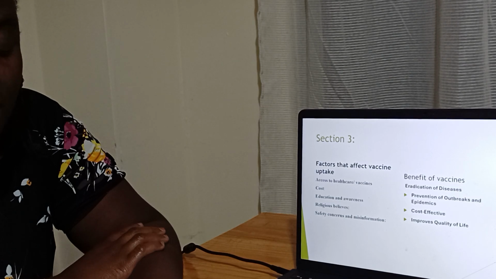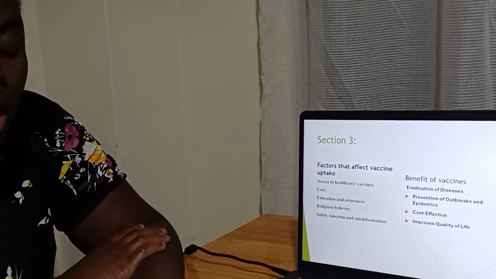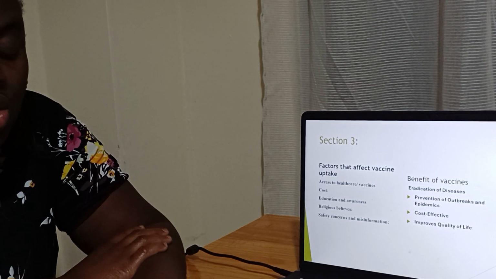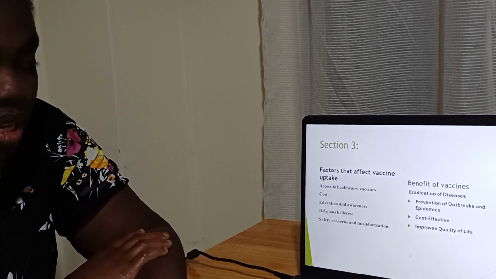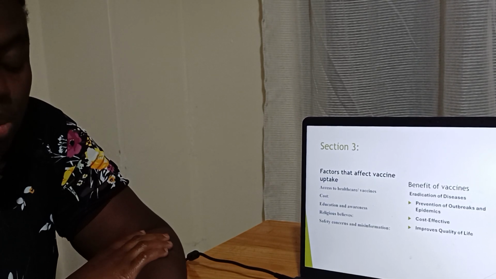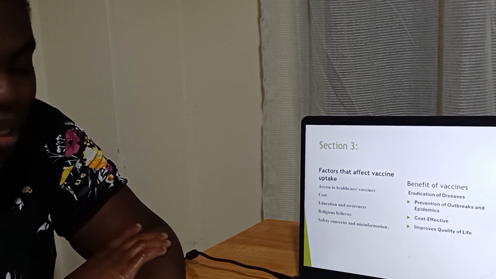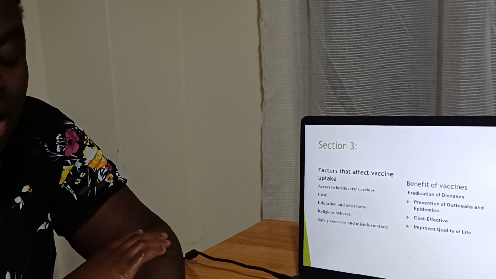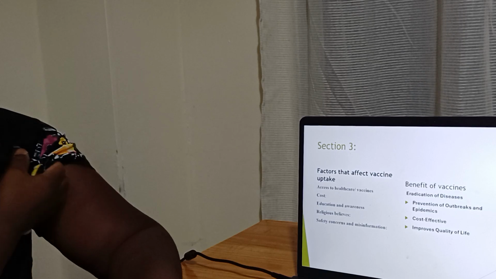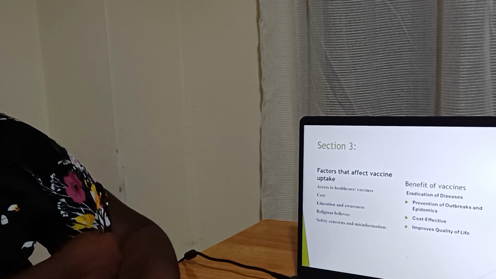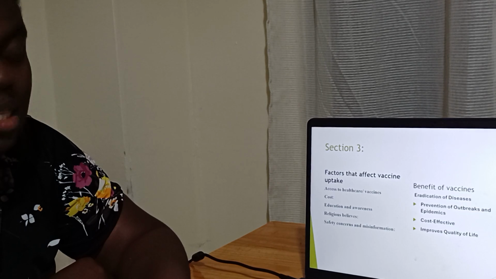So lack of knowledge about the importance of vaccines can lead to low uptake. Education and awareness campaigns can help to increase vaccine uptake. And then we have religious beliefs. Some people may refuse vaccines due to their religious beliefs. We have safety concerns and misinformation. So the fear about vaccine safety, often fueled by misinformation, can lead to vaccine hesitancy.